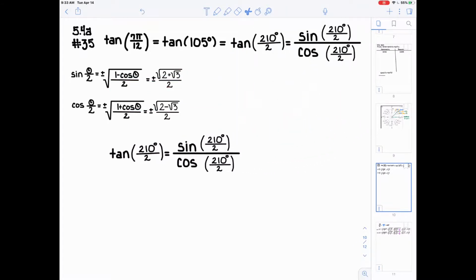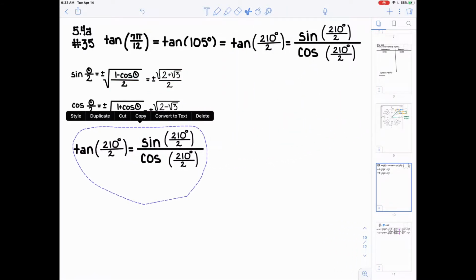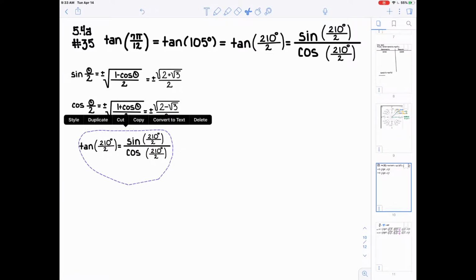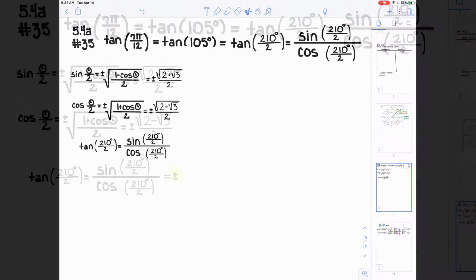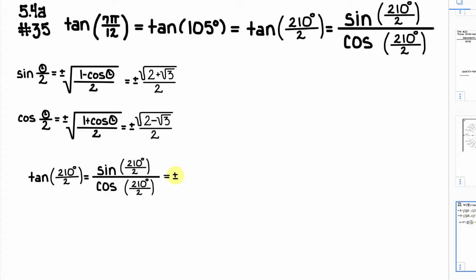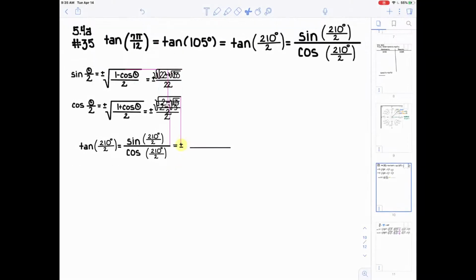All right, so we're going to take the tangent of 210 degrees over 2, which equals the sine of 210 over 2 over cosine of 210 over 2. It's going to equal positive or negative. We can make a substitution with these.